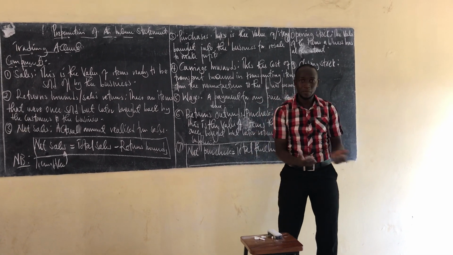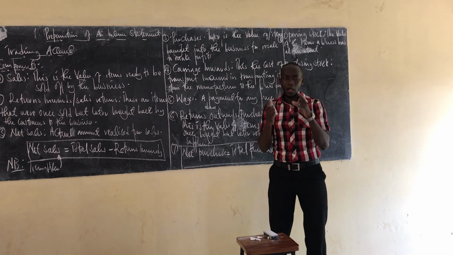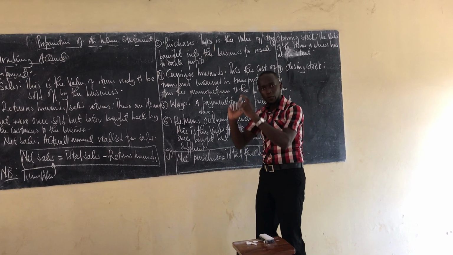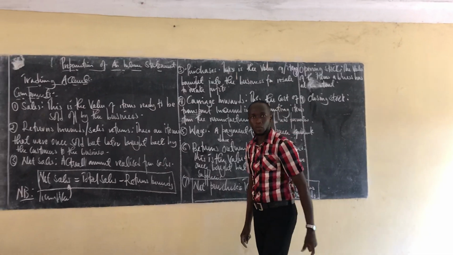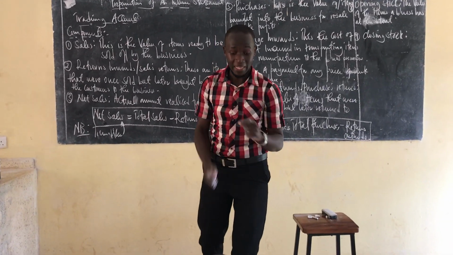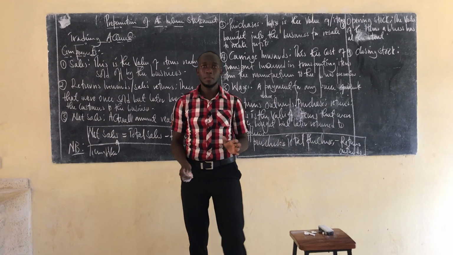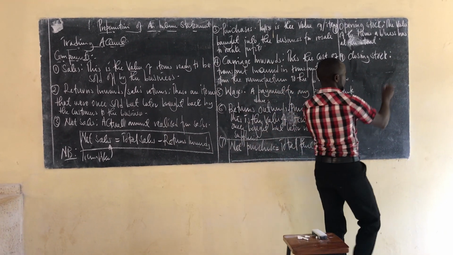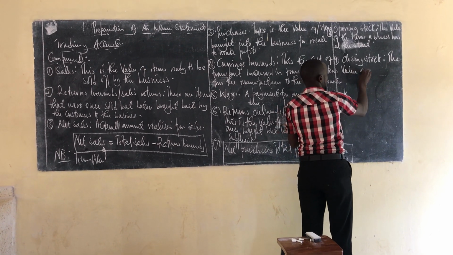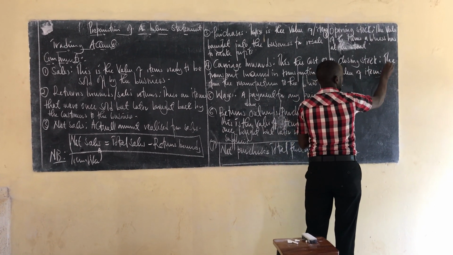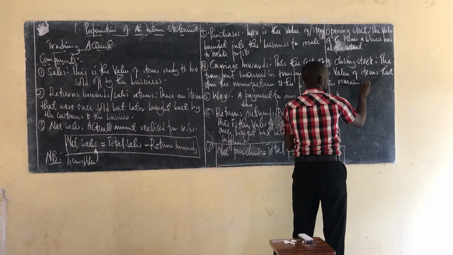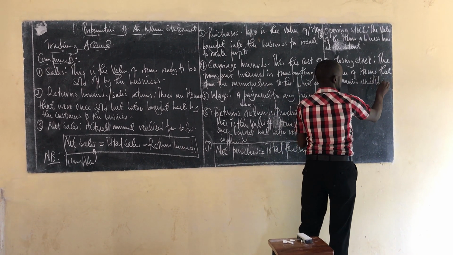If you have items in business that have not been sold off, when you find their value, the value that you get is what we call closing stock. The value of items that remain unsold in business is what we call closing stock.